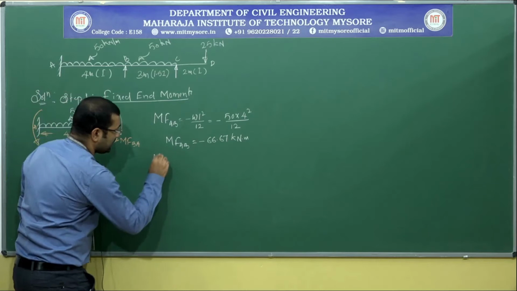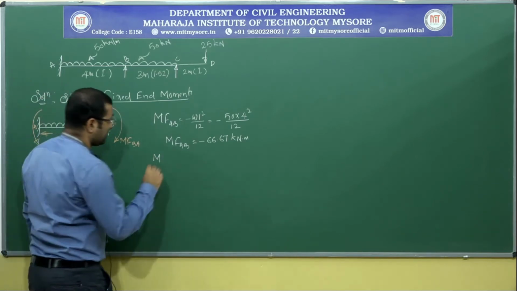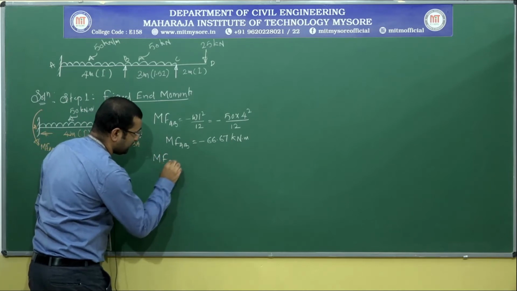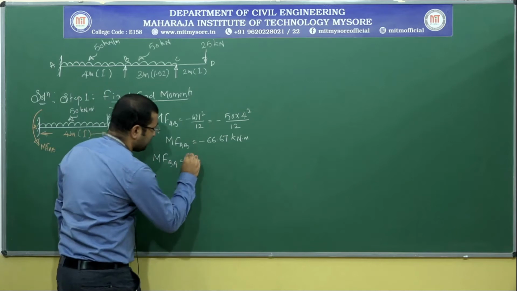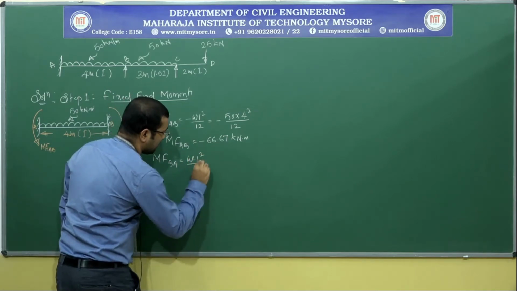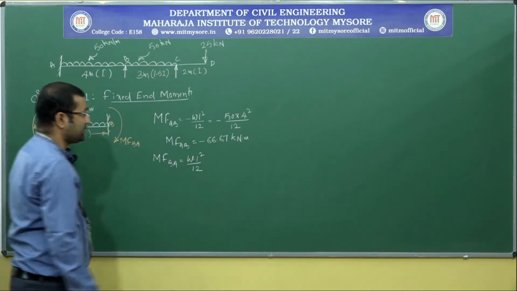Similarly, let me determine the fixed end moment at B because of this external load, that is MFBA. MFBA is equal to, because of the UDL, the formula WL square by 12. Same formula, only the change in the sign.